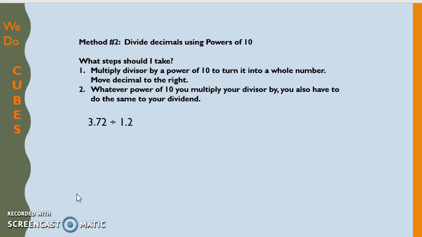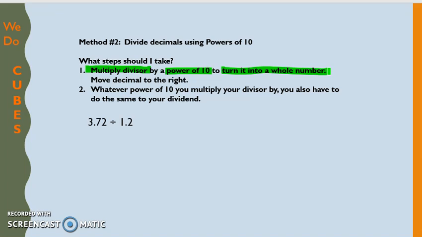So what steps should we take? The first thing we need to do is multiply the divisor by a power of 10 to turn it into a whole number. So that could be 1 power of 10, 2 powers of 10, 100 powers of 10. No, I'm just kidding. I won't do that to you.